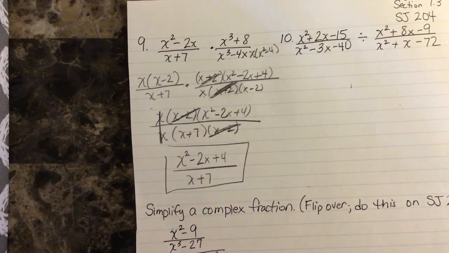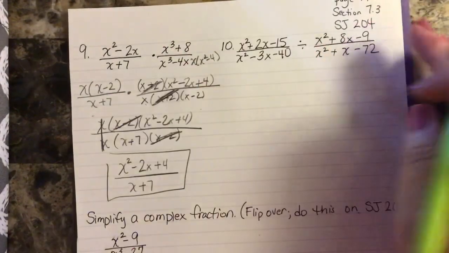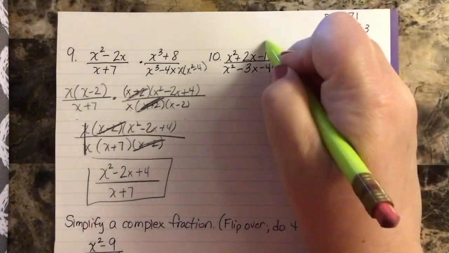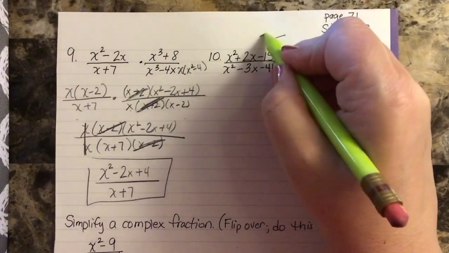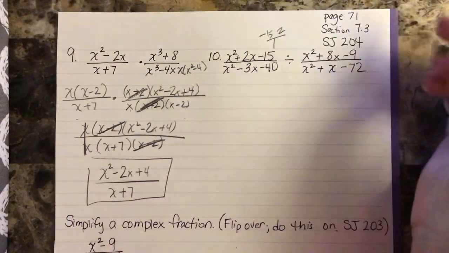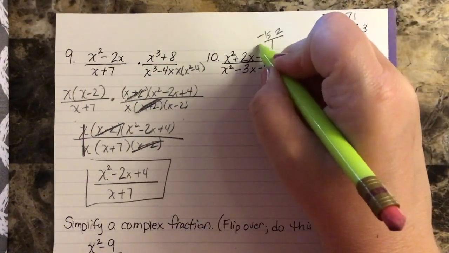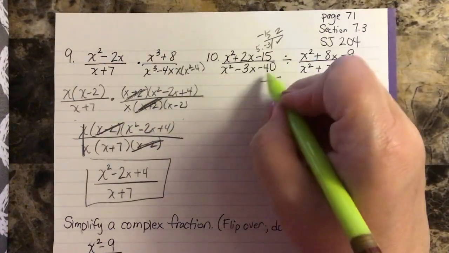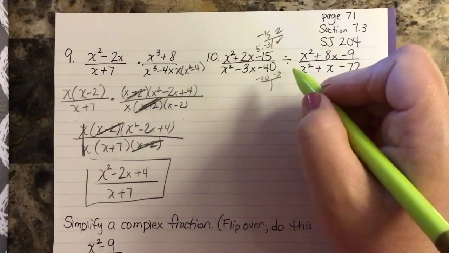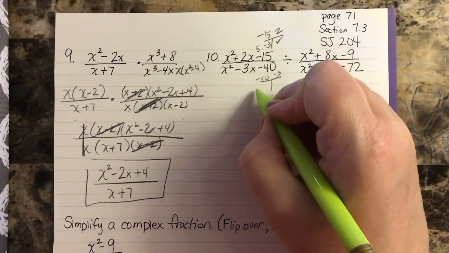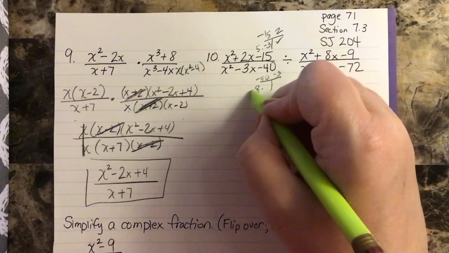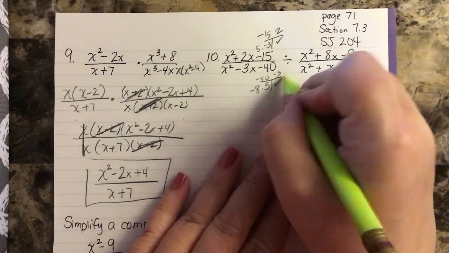Okay, moving on to number 10. I am going to factor. A times c, sum of b, positive 5, negative 3. Yes. A times c, sum of b, positive 8, negative 8, positive 5.